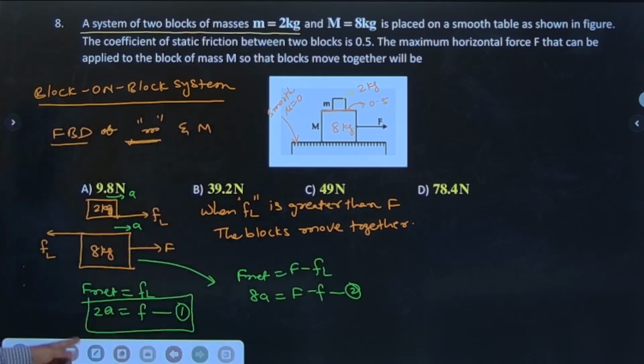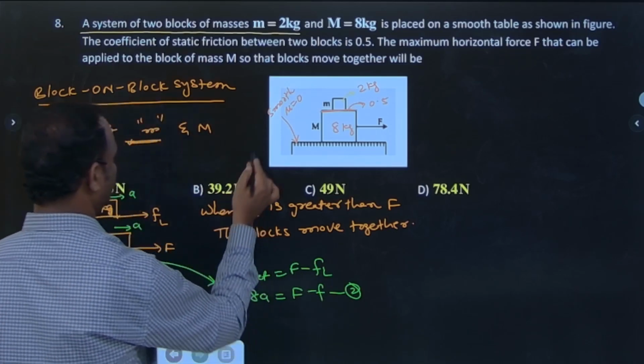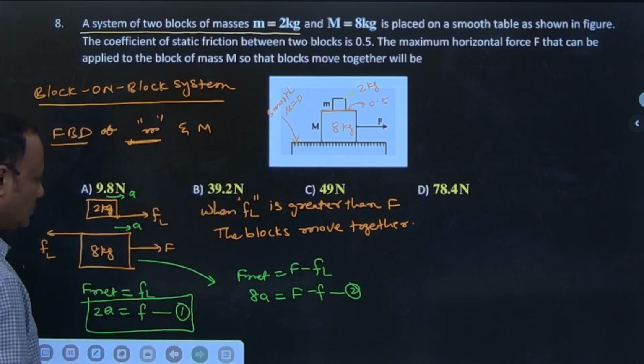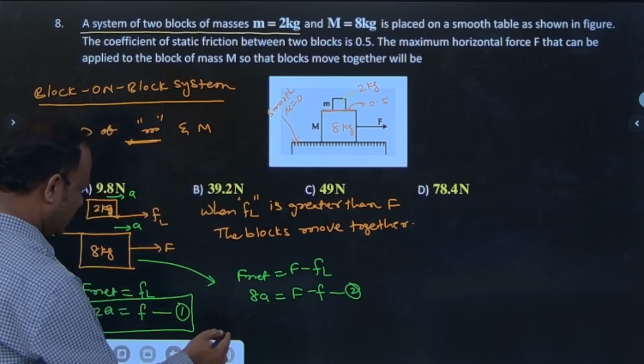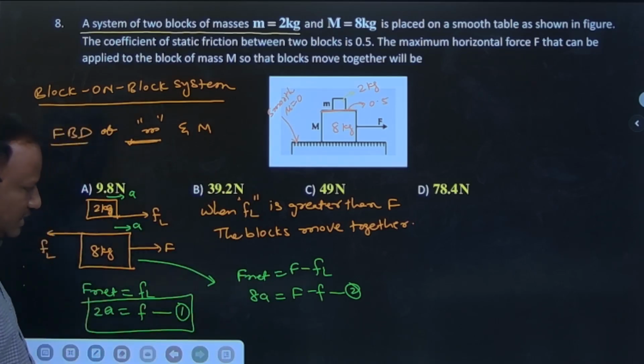So from equations 1 and 2, I need to find what is being asked. What is the force? The force is capital F. First I need to find the acceleration, which can then be substituted in any equation.